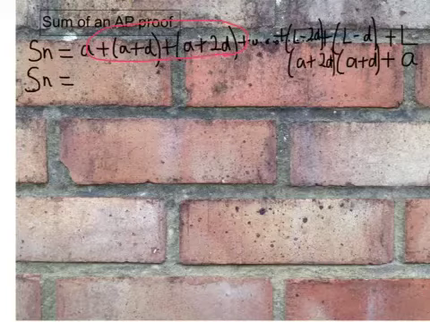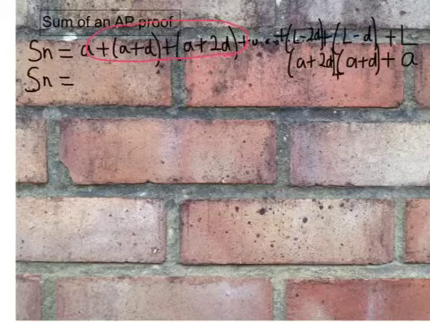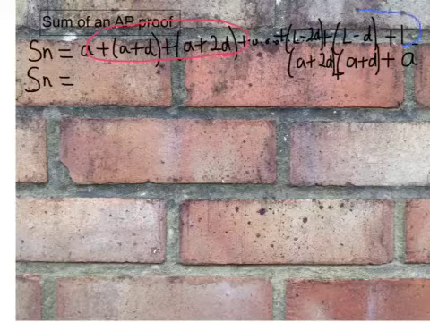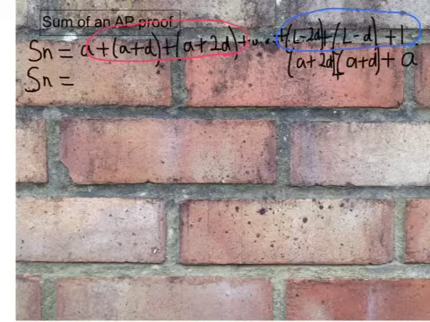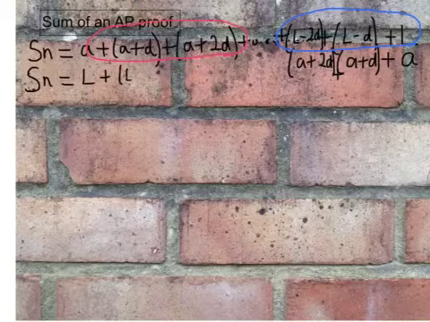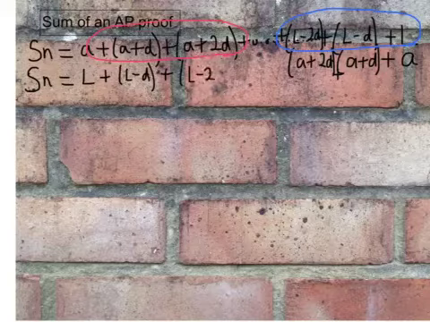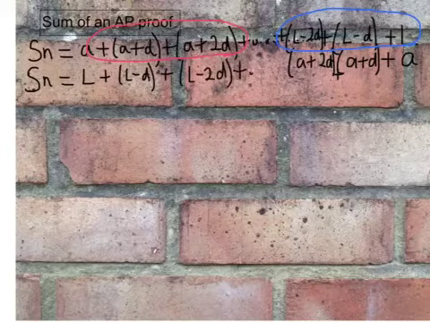And then the ones at the back, I'm going to reverse them and write them this way round. So L plus L minus D plus L minus 2D, plus dot dot dot plus.